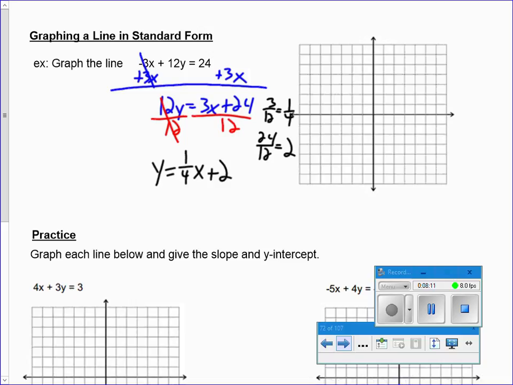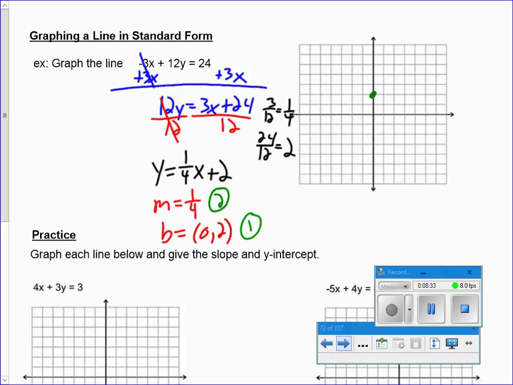Again, what this means is I have a slope of 1/4 and a y-intercept of (0, 2). So going back to what we did on that second day, we start by graphing the y-intercept, (0, 2).